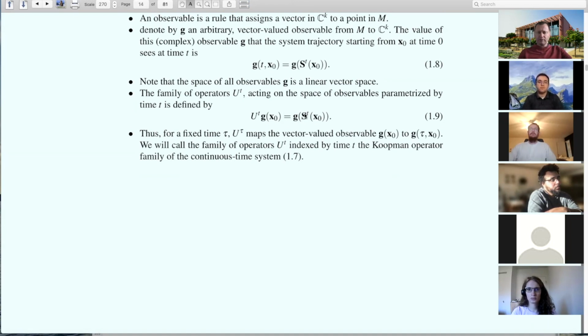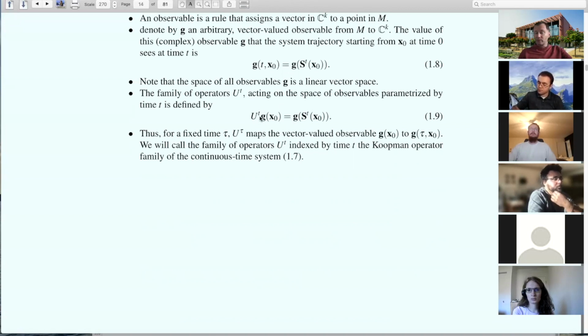And that g of St, that's called composition. So in fact, this operator here that is labeled with time t, because for every different time I will have a different operator, takes a function g of initial condition and maps it into a function g of St of initial conditions x0. So it's a map that takes a function to a function. Therefore, it's called an operator.